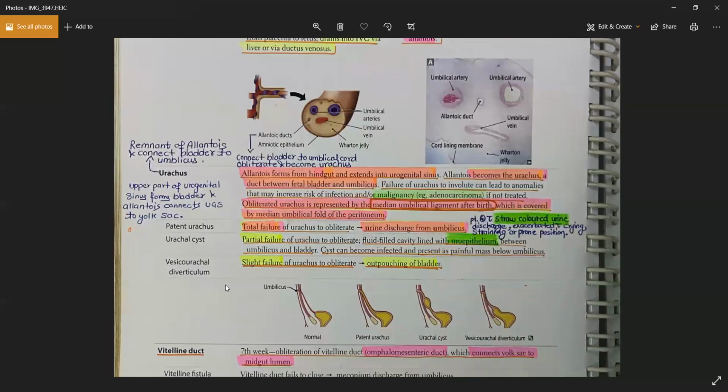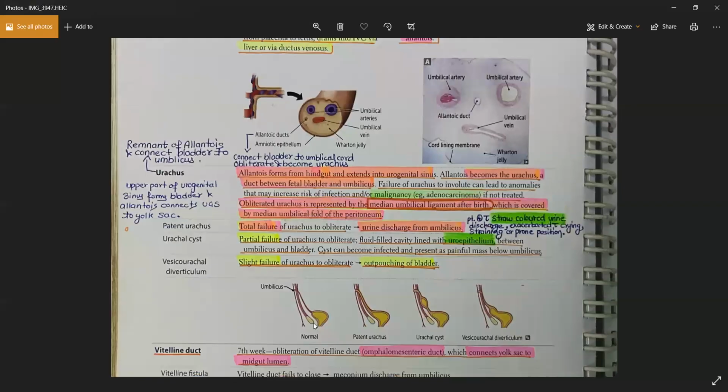As you can see, this is your umbilicus part, this is your urinary bladder, and this allantois or urachus is connecting the urinary bladder with the umbilicus. After the birth, this part needs to be obliterated so that the connection between these two structures is stopped, right? And this is present as the median umbilical ligament.